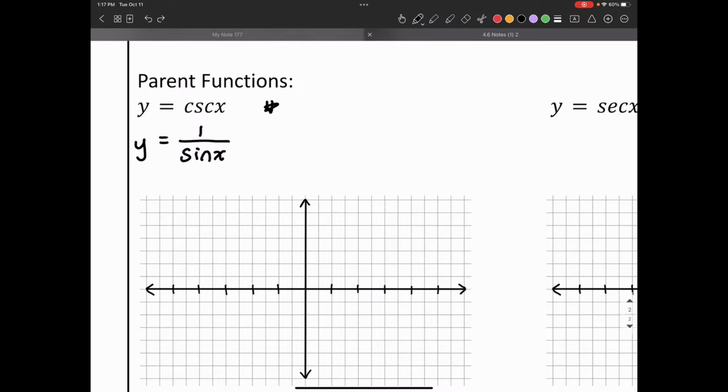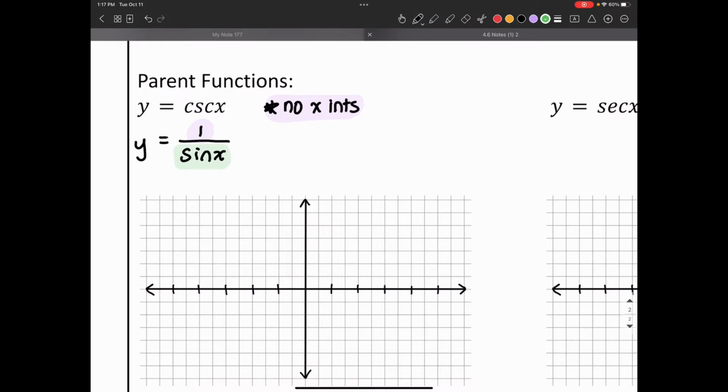So for cosecant graphs, there are no x-intercepts, because there's nothing for me to plug in to make that numerator 0.